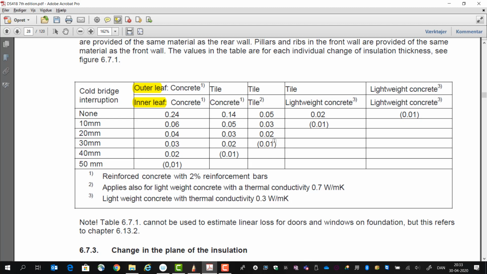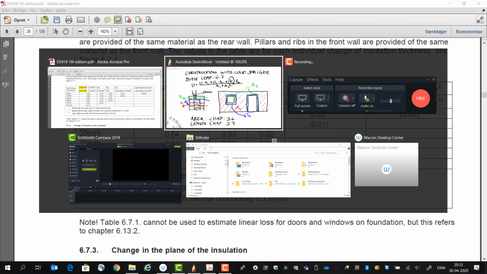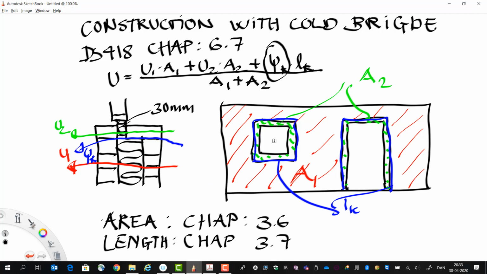So what we can write is that the cold bridge linear losses, this psi here, we find in DS 418 in table 6.7.1.